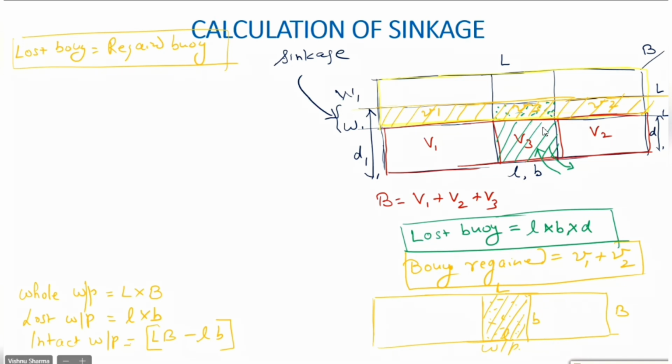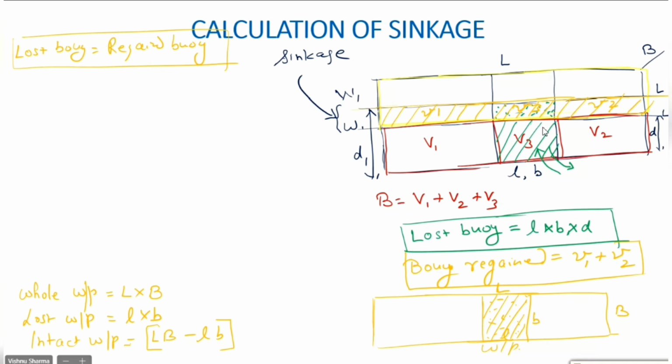Tell me, beta. Somebody was asking about the whole water plane. Is that clear, beta? Yes, sir, clear. The whole water plane is the same, but the whole is not intact after bilging. Before bilging, it was fully intact, right? Yes. Okay, sir, clear. Now, please remember these terms. Next, let's look at this upper diagram, the side elevation.